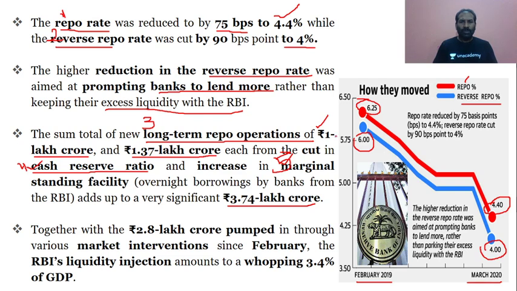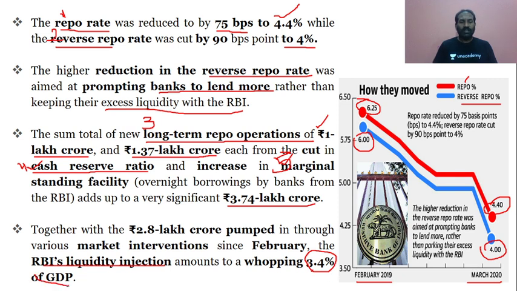So 1 lakh crore rupees, 1.37 lakh crore rupees, and then 3.74 lakh crore rupees. Together, they would be pumping so much money into the market by the RBI's liquidity injection, and this injection is equivalent to 3.4 percent of the GDP.